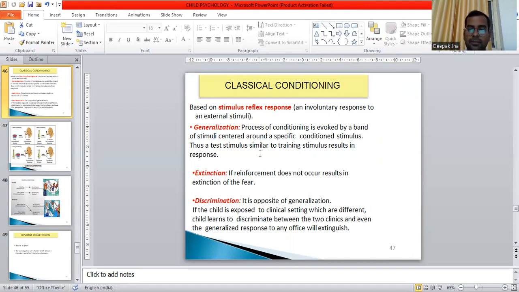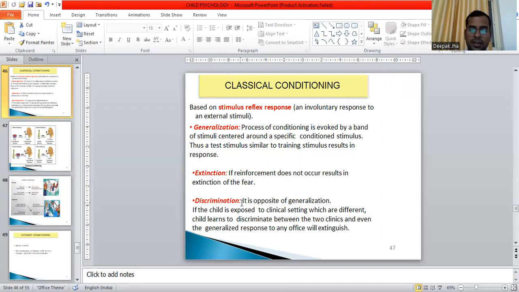Let us consider the same example. Suppose the child gets an injection and does not get another injection for 10 or 15 years in his entire lifespan. Now the prior stimulus will somewhat fade away and there would be extinction of the fear. That is extinction.